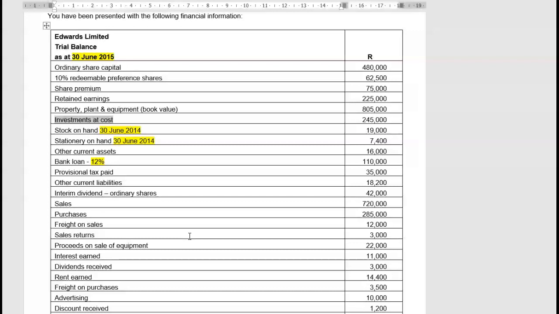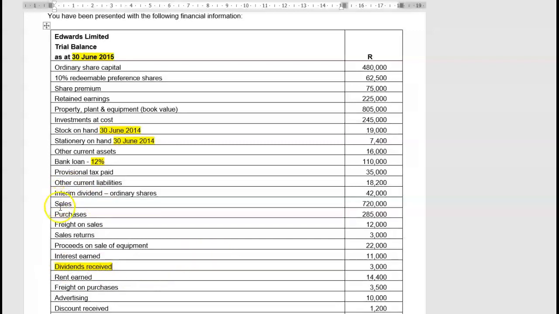Dividends received is an income figure, and we're going to account for dividends received in our income statement under investment income. So dividends received is accounted for in the income statement, but dividends paid is accounted for in the statement of changes in equity.